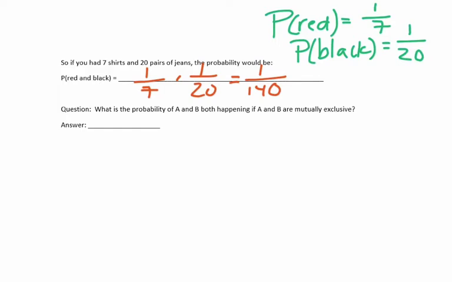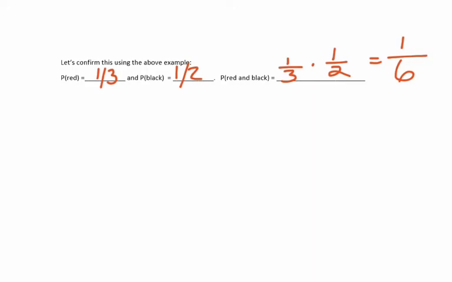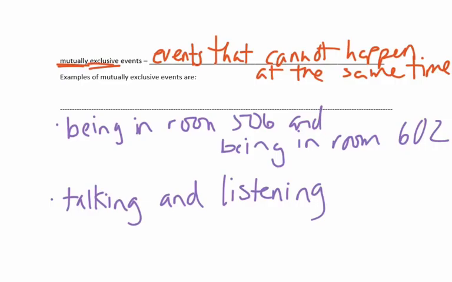So here's the question. What is the probability of A and B both happening if A and B are mutually exclusive? So take a moment while you're watching this and think about it. Let's go back to the definition of mutually exclusive. Mutually exclusive events are events that cannot happen at the same time.